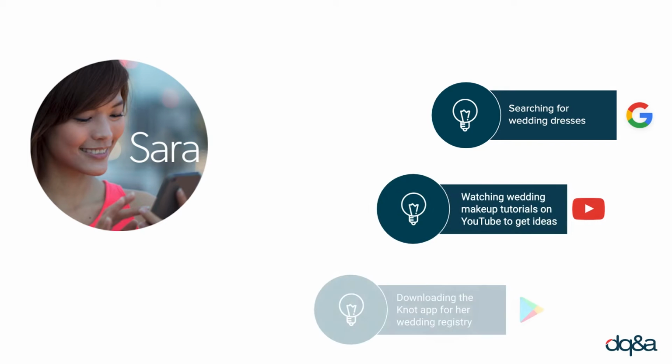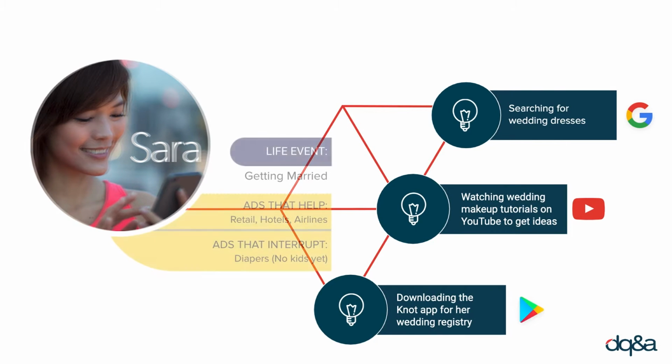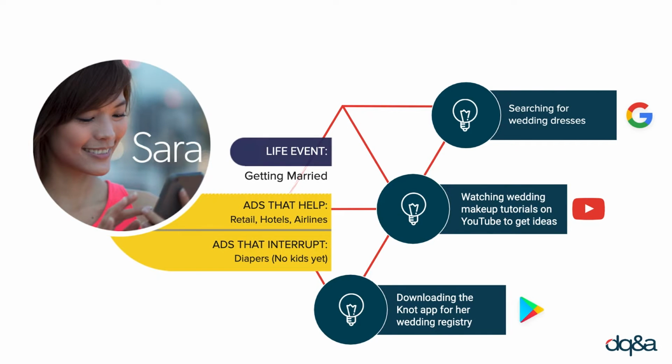So let's meet Sarah. Sarah's been searching for wedding dresses on Google, and she's been actively watching wedding makeup tutorials on YouTube. She's also recently downloaded the Knot app for a wedding registry on the Play Store.